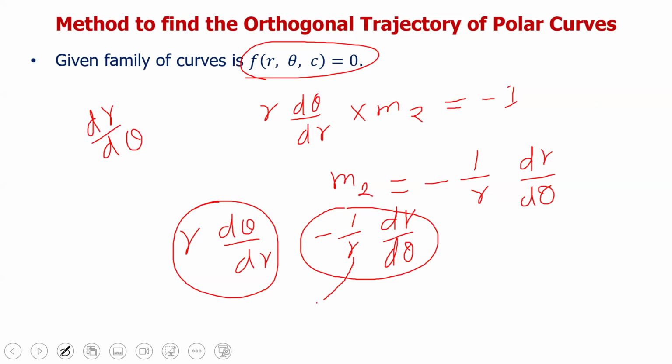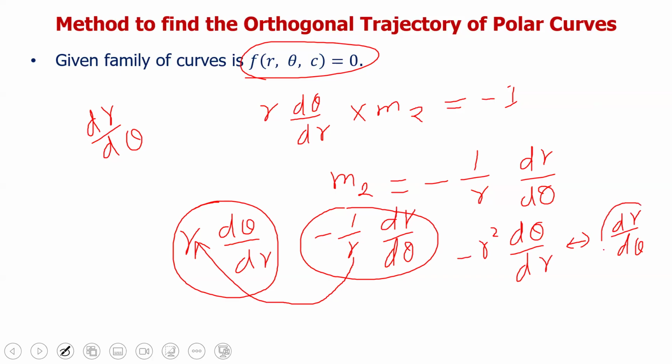This minus r goes to that side and becomes r square dtheta/dr, and on that side we have dr/dtheta. Since we are getting the value of dr/dtheta, this dr/dtheta can be replaced by minus r square dtheta/dr.